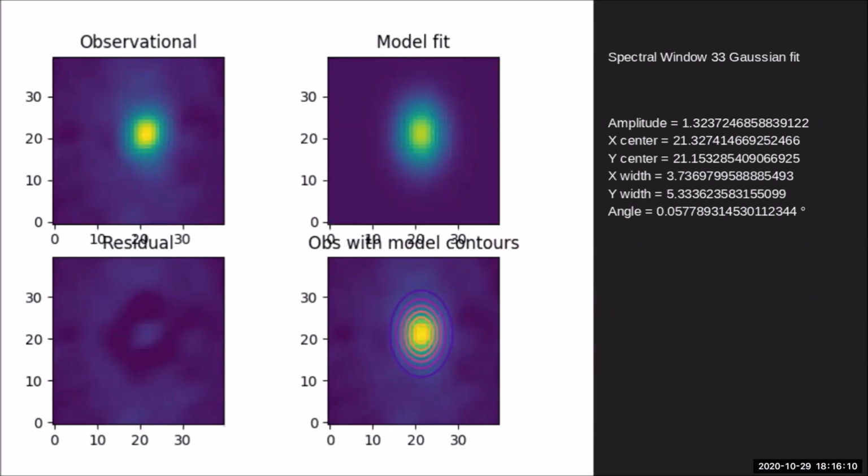Here is the example we chose because 33, as we saw, is very central, so it's much easier to fit a Gaussian to it than others. And it gives us these parameters which we can track the change in over time.